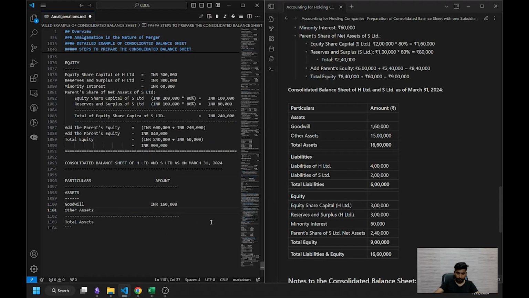And the other assets are rupees 15 lakhs. Okay. Making the total assets 16 lakh 60,000.